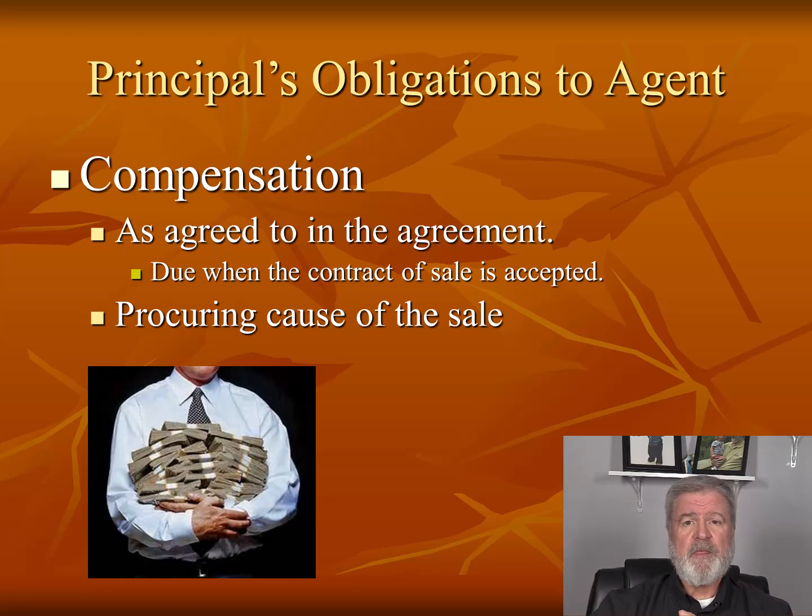They don't. So now I tell them point blank when they're signing this contract, do not sign anything with another agent after you sign this. Because if you do, you're going to be liable for 2 full commissions.